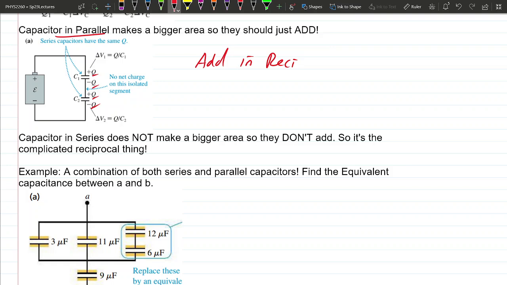This is where I always call this the more complicated equation, the harder equation, because I know how to add C1, C2, C3. That's very easy to do. But when they're in series, it's the harder equation. This is where you have this reciprocal of a reciprocal situation.